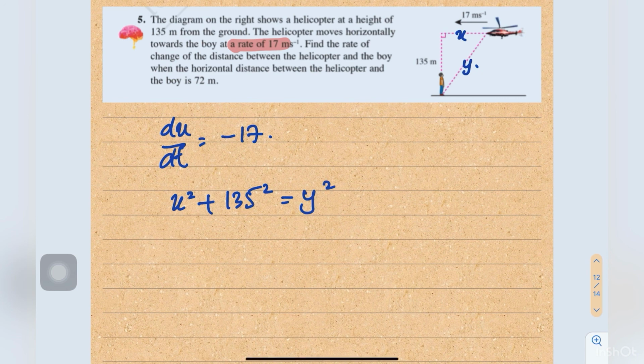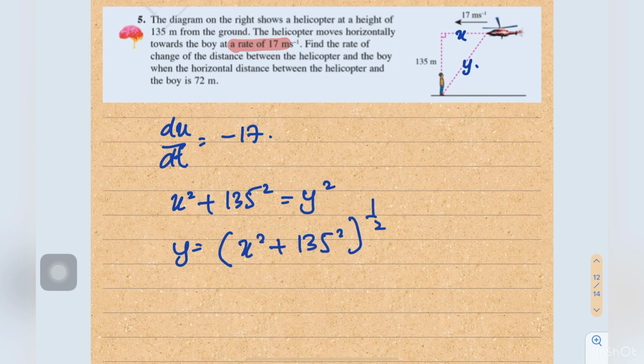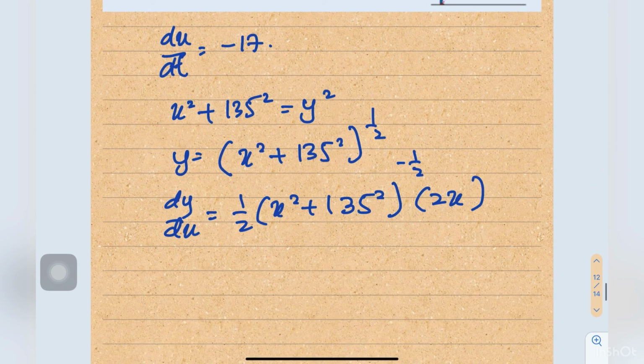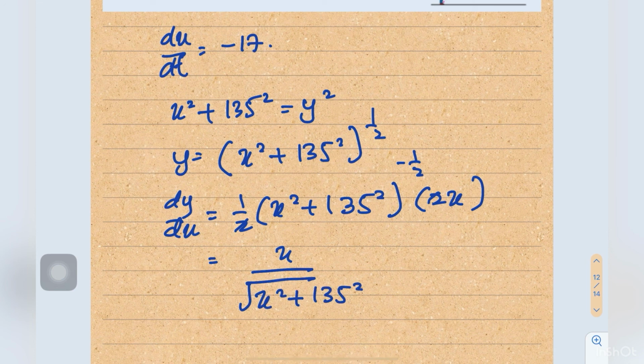So y equals (x squared plus 135 squared) to the power of half. Then we can find dy/dx equals 1 over 2 times (x squared plus 135 squared) to the power of negative 1 over 2, times 2x. We simplify and get x over the square root of x squared plus 135 squared.